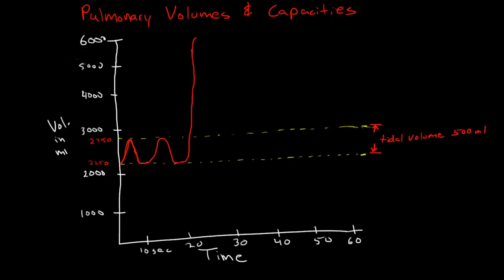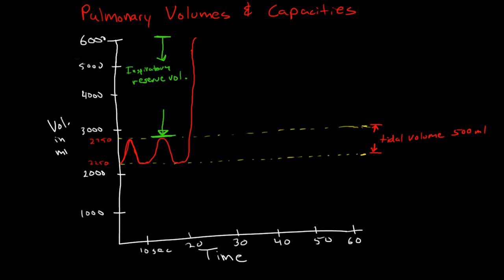Now, the inspiratory reserve volume is after our tidal volume. It's all the potential that our lungs have remaining between our usual, moment to moment tidal breath and the biggest breath we can take. So this is called the inspiratory reserve volume.